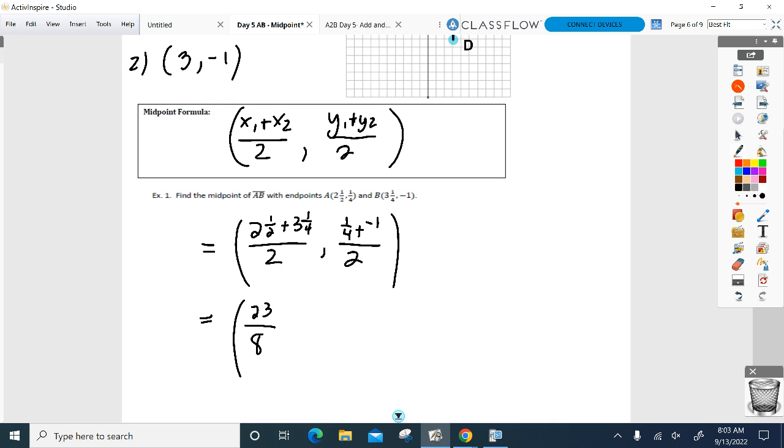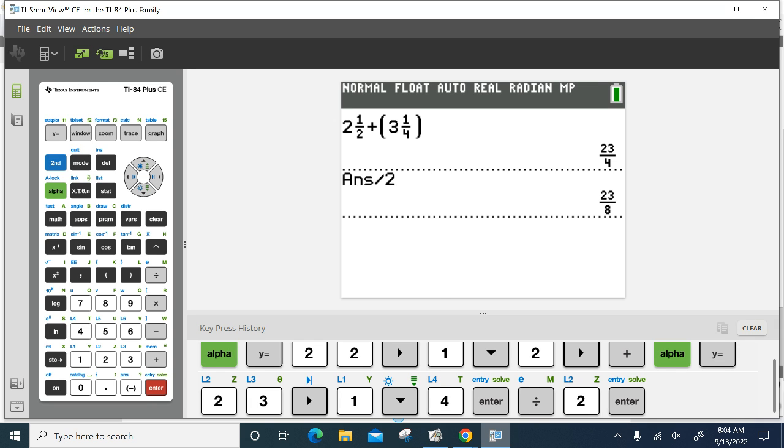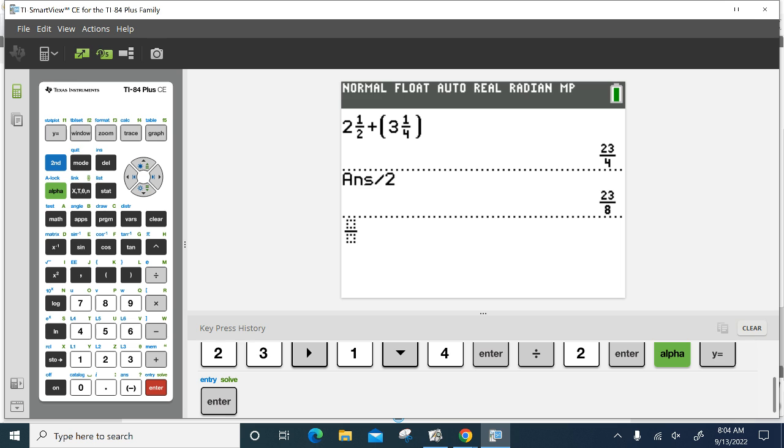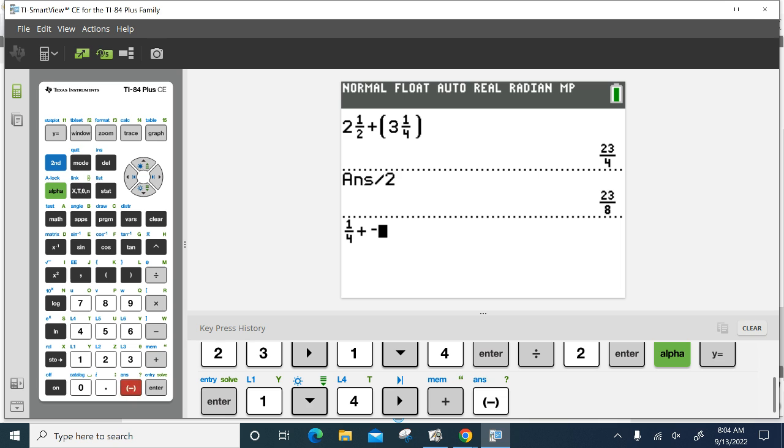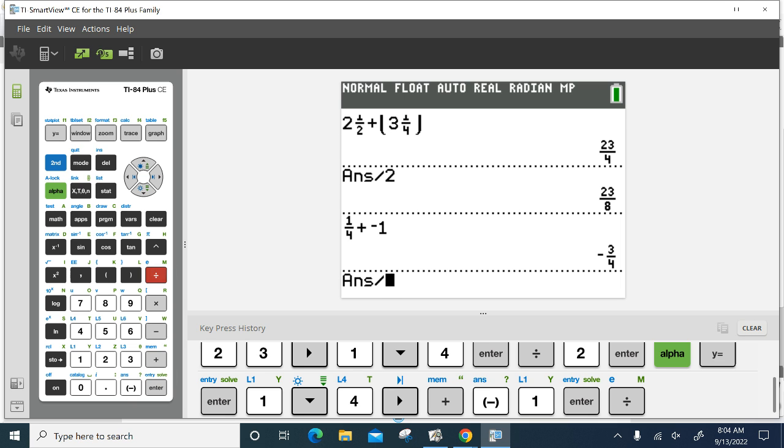Is anybody's calculator leaving it as 2 7/8? Because that could be an answer too if you left it as a mixed number. 2 7/8. That's fine. And then go ahead: 1/4 plus -1 divided by 2.